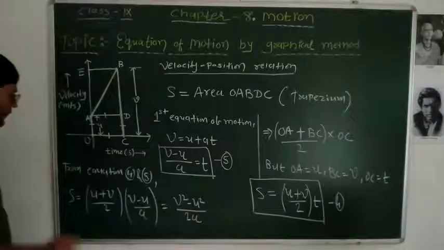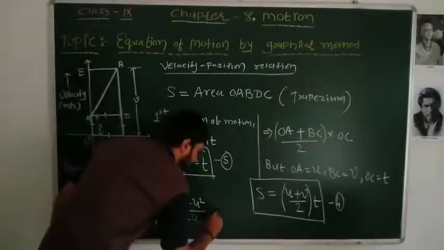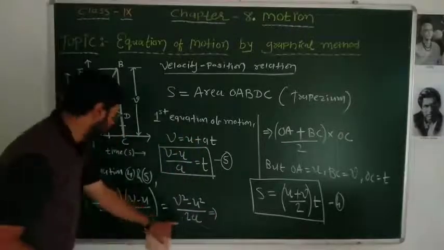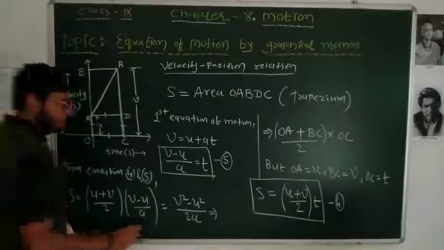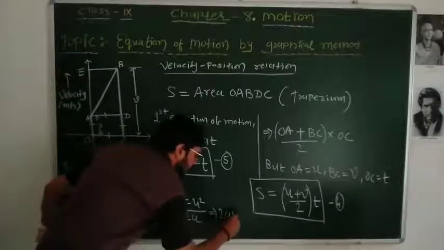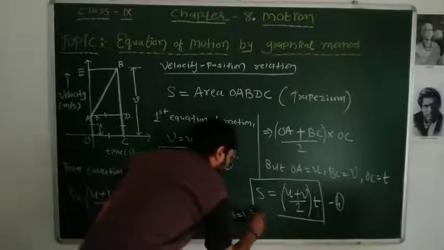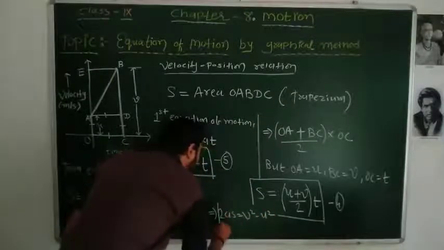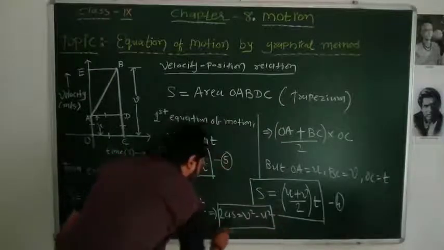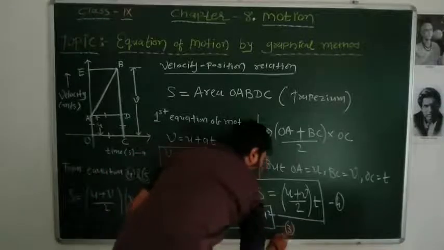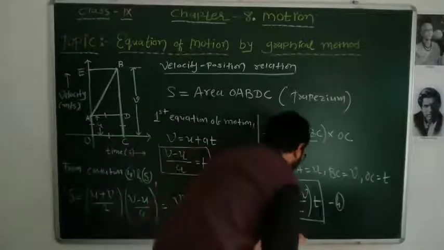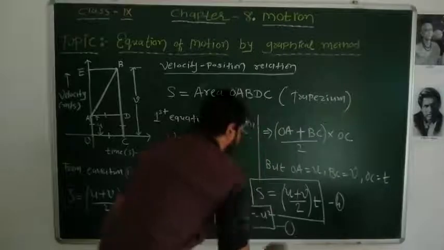Now we rearrange the terms. So clearly here we can write 2a multiplied with s, that is 2as, is equal to v square minus u square. So this is our third equation of motion. Sorry, this is equation number 6.